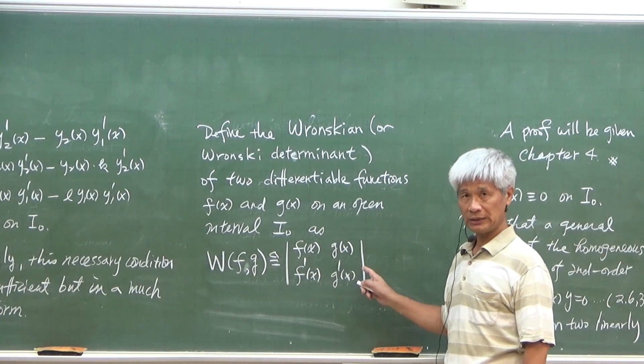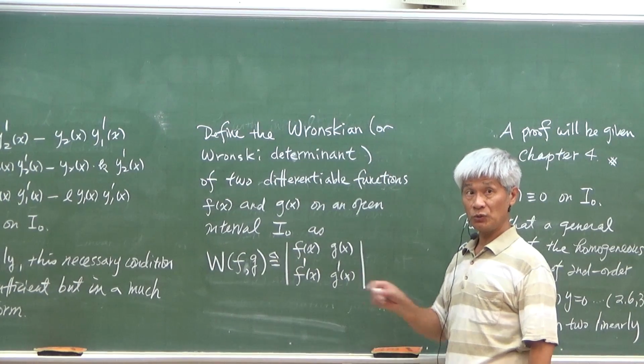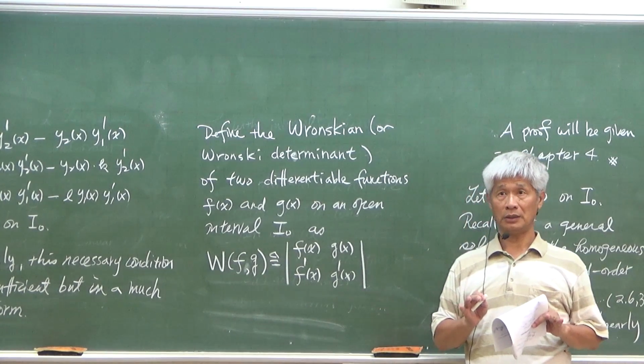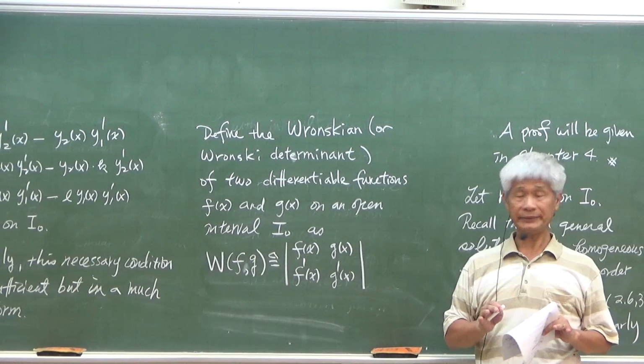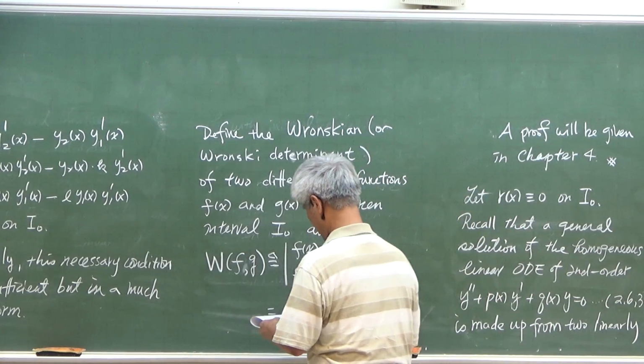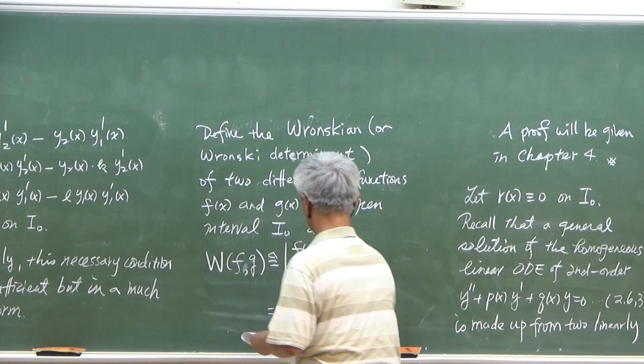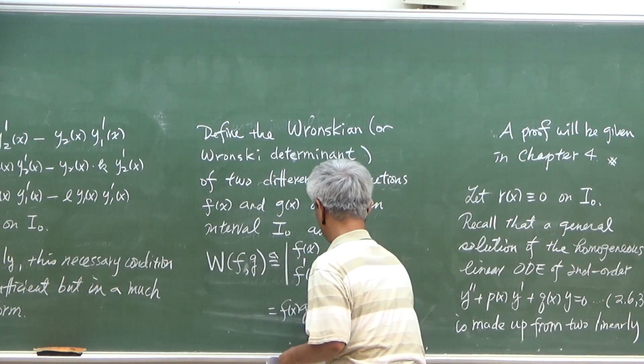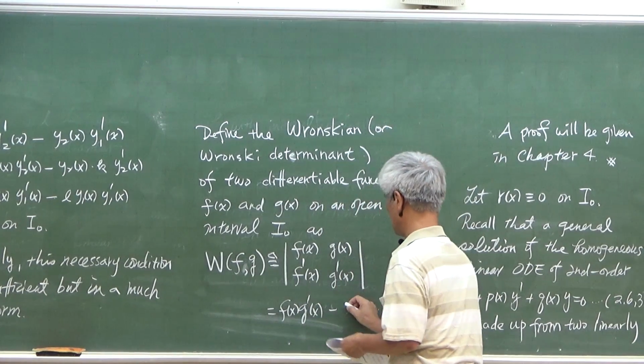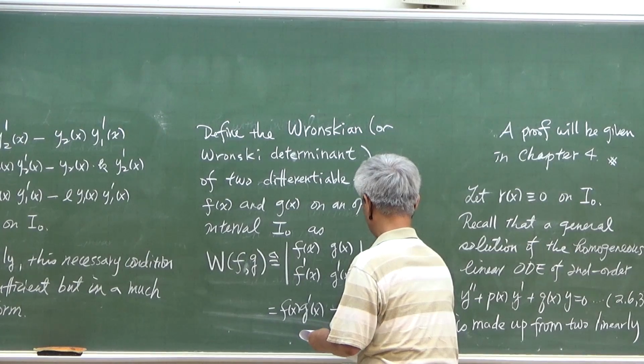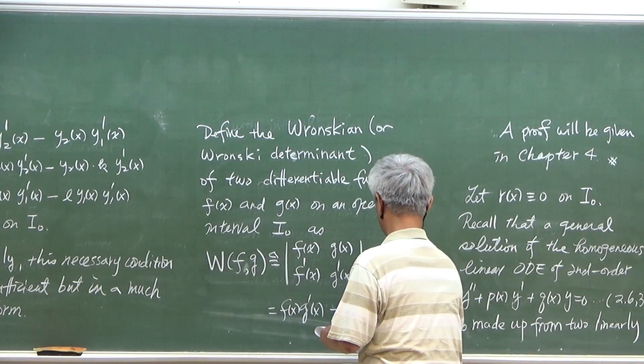And we take the determinant. So you know how to compute 2x2 determinants, right? And this is equal to f of x times g prime of x minus f prime of x times g of x.